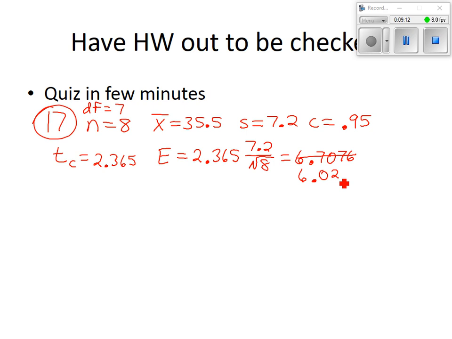Once we have E, when we find our confidence interval, we take X bar minus E on one side and X bar plus E on the other side.